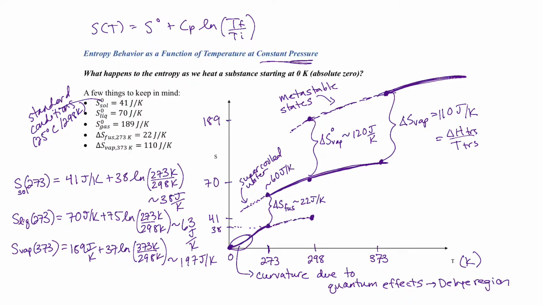Anywhere away from that, you can use this equation to calculate your entropy, and that's what gives rise to these log behaviors. This is our log behavior from that term in our calculation. I think we've got just about everything of interest marked up on here.